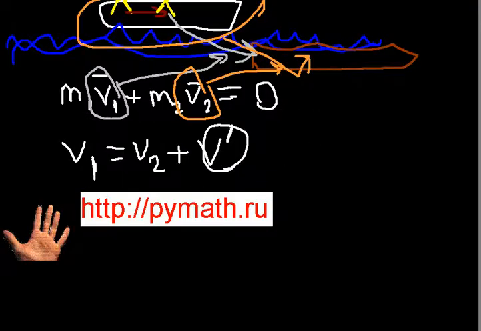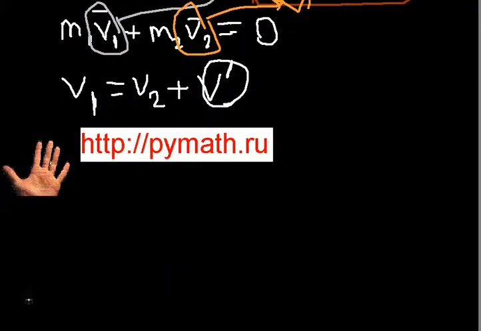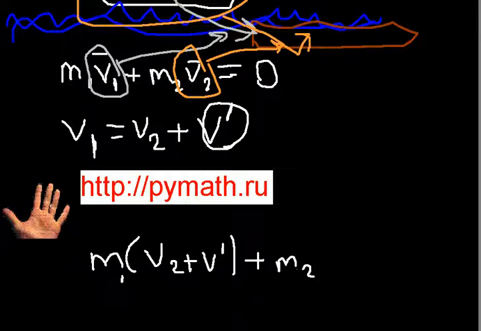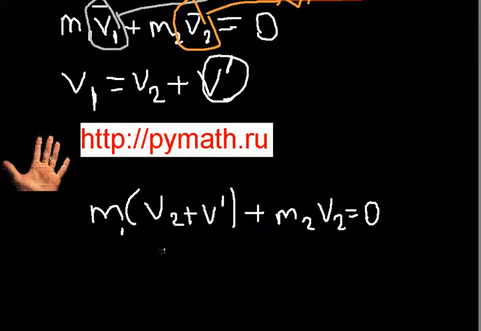It lets us write this equation in the following form: m1 (v2 plus v apostrophe) plus m2 v2 equals 0.